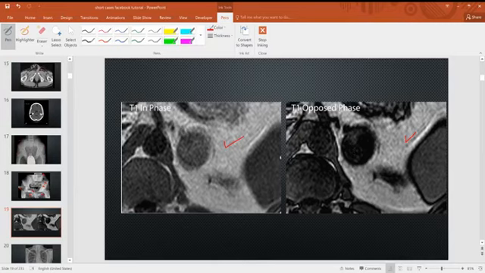How do we differentiate between the in phase sequence and the out phase sequence?